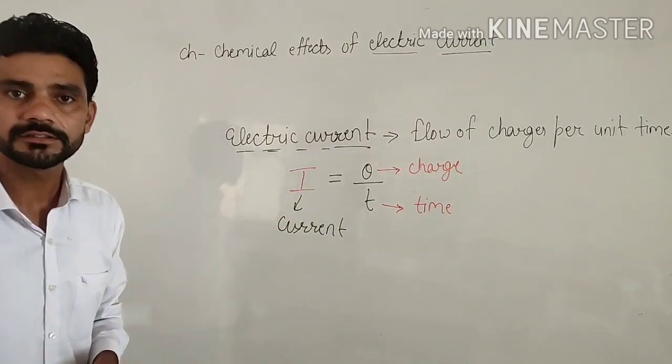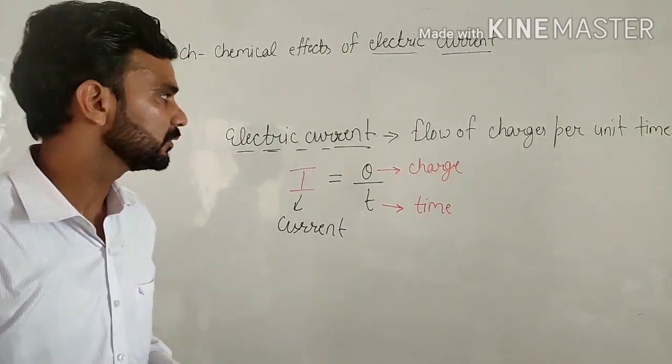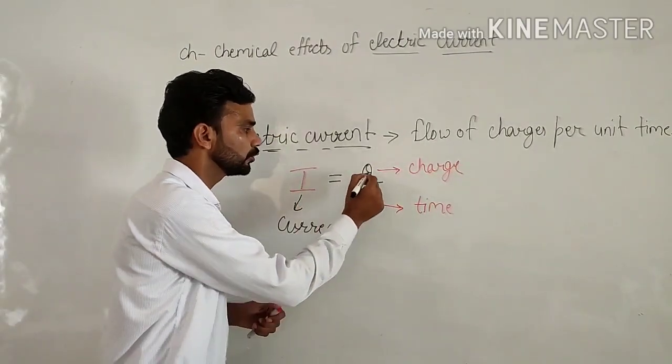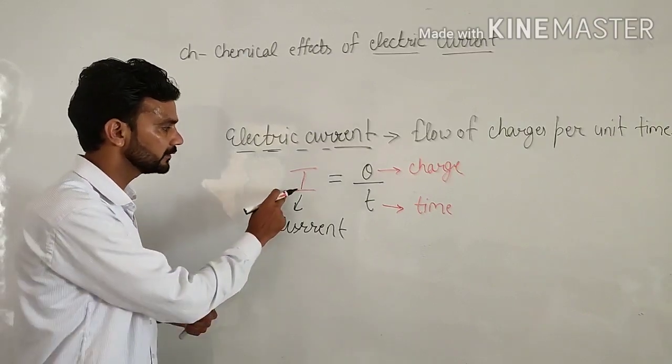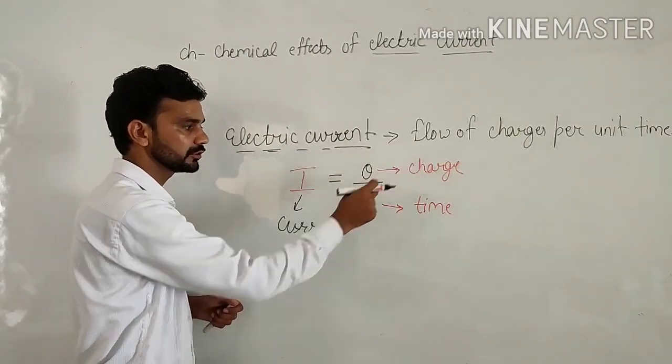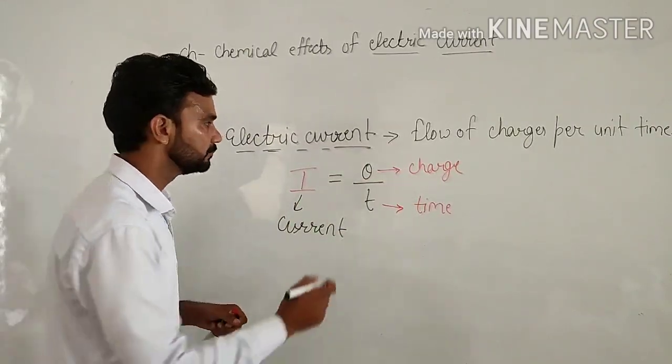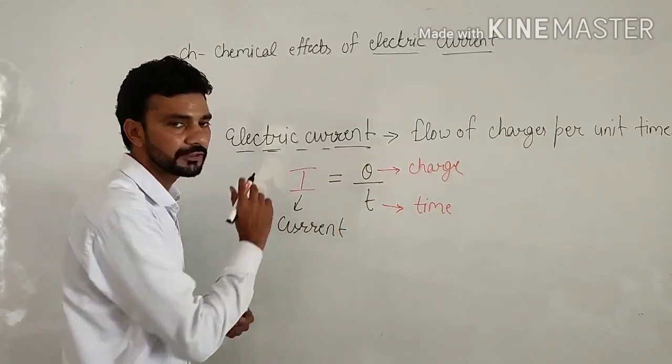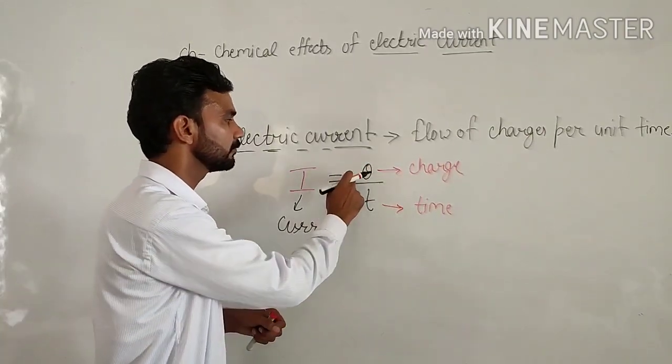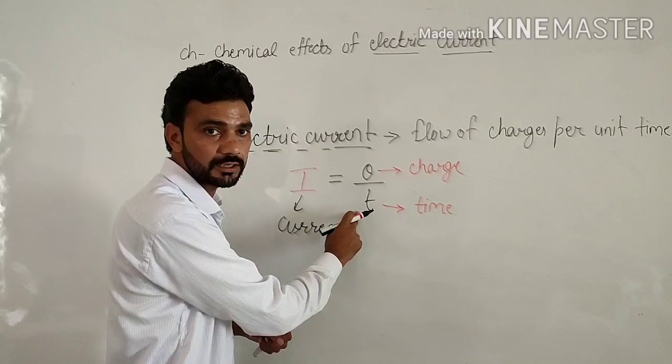Current is defined as the flow of charge per unit time. I is equal to Q by T, where I stands for current, Q stands for charge, and T stands for time. So from this formula, we can define that current is equal to charge upon time.